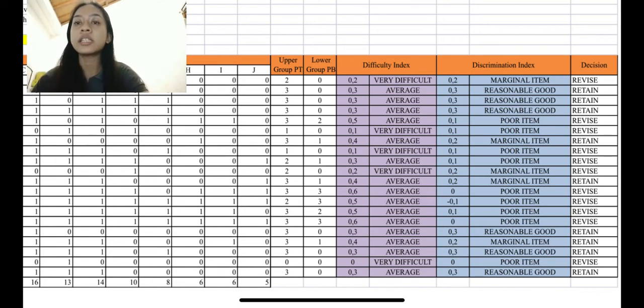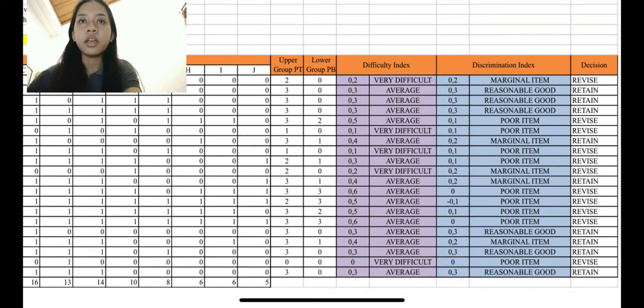The difficulty is average, and the discrimination index is 0.3, which is reasonably good, and the decision is to retain the item. It is the same until item number 5, and then item number 6.